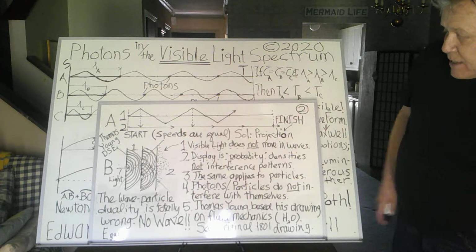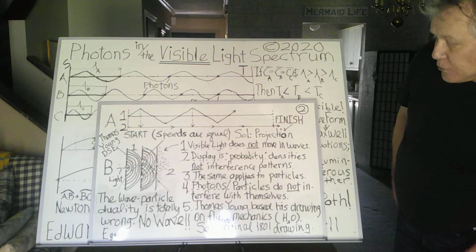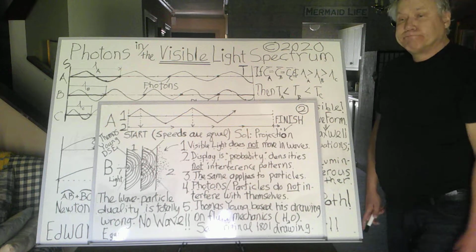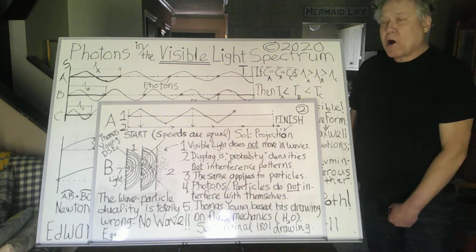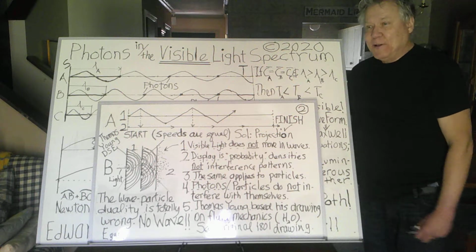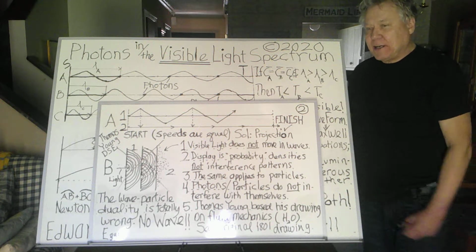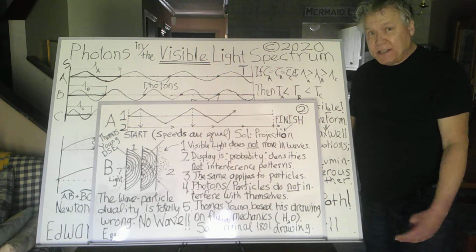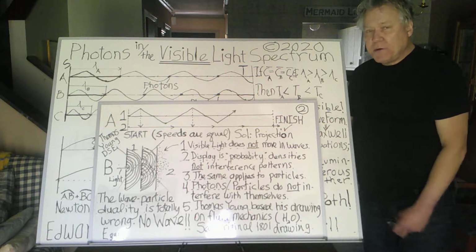So this idea of wave-particle duality is wrong. There is no wave-particle duality to light. There's just light. Photons moving in a straight line unless otherwise hitting something, or in a field, like bending. It bends in Newtonian gravity.